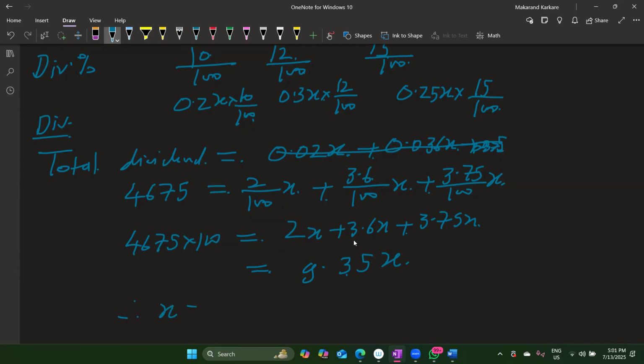And so therefore x is equal to 4675 into 100 divided by 9.35.